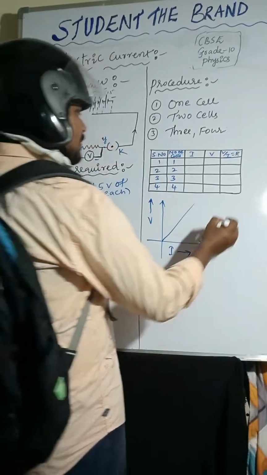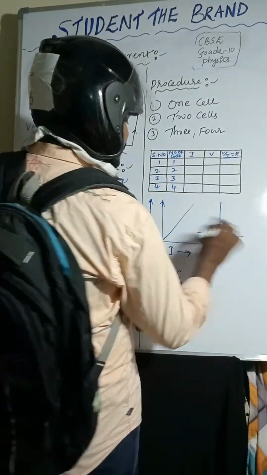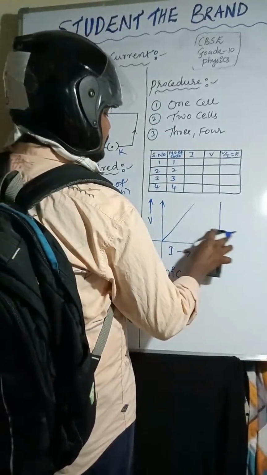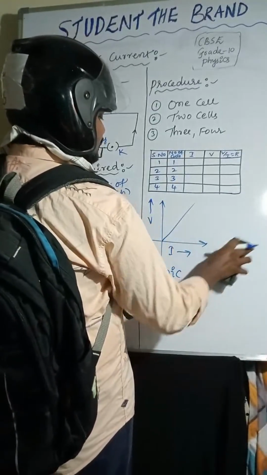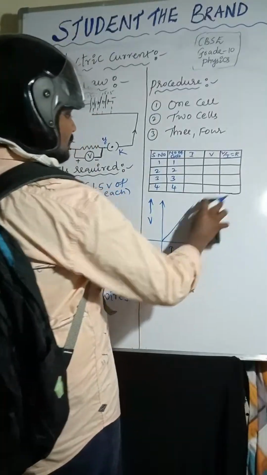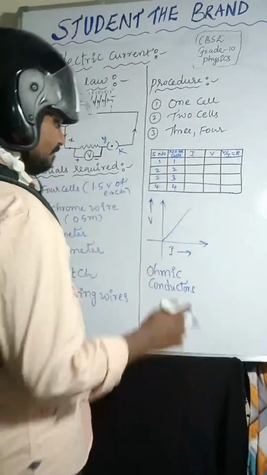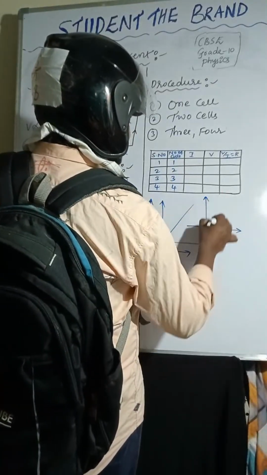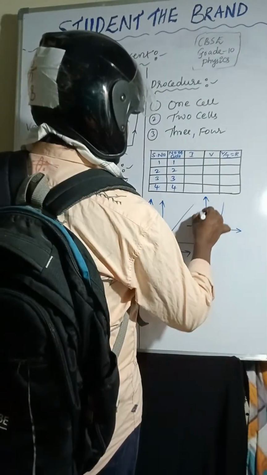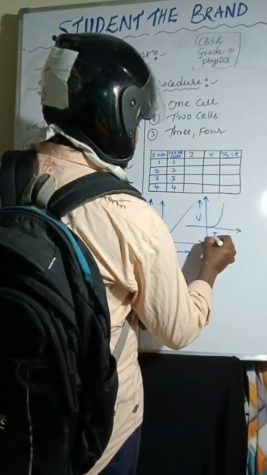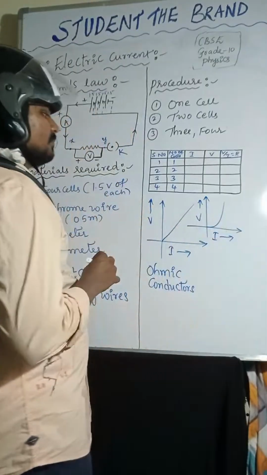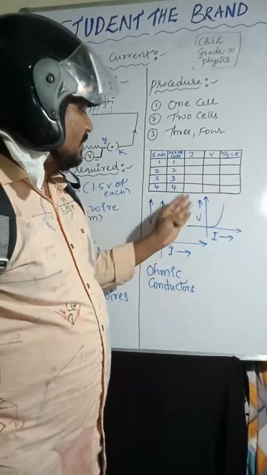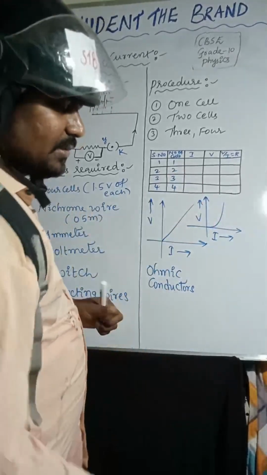Coming to non-ohmic conductors, the graph is a curve, as you can see here. That is for non-ohmic conductors.